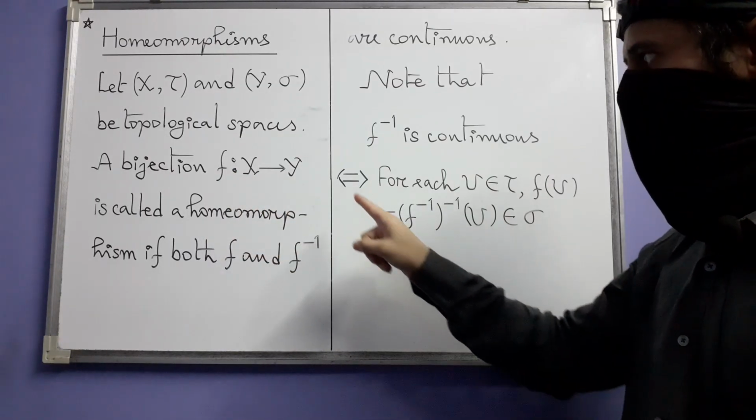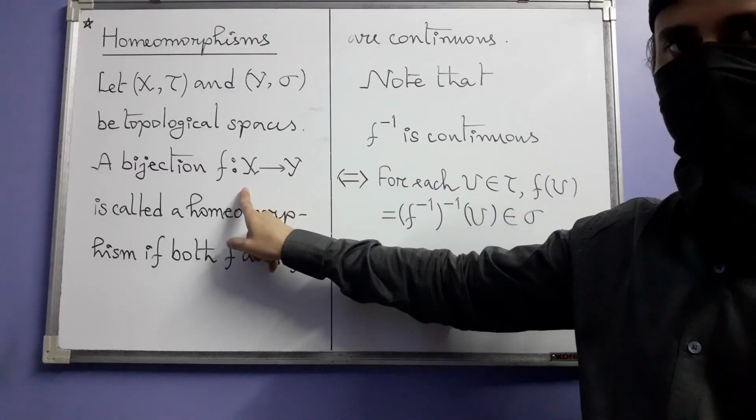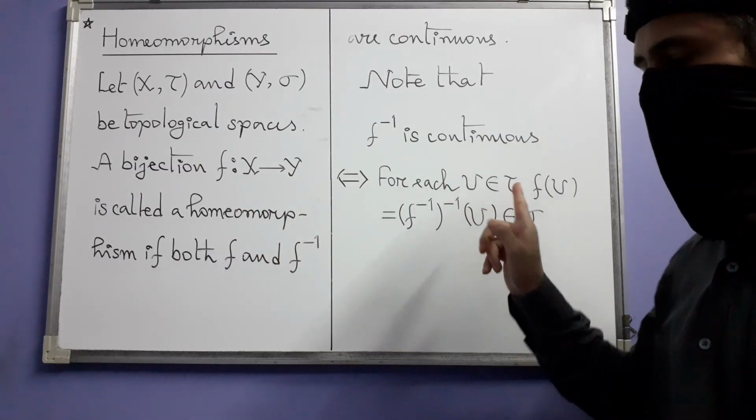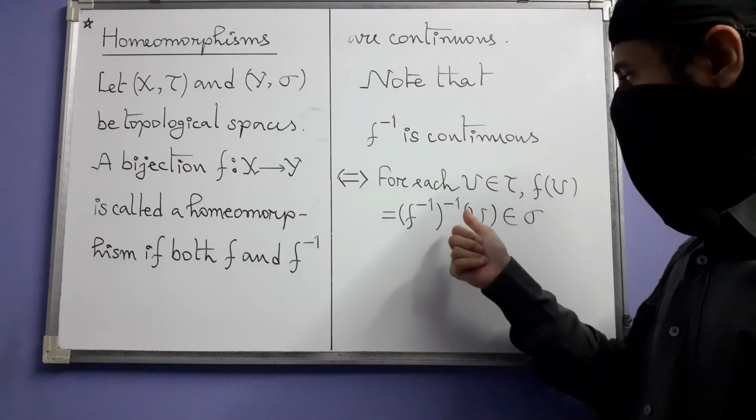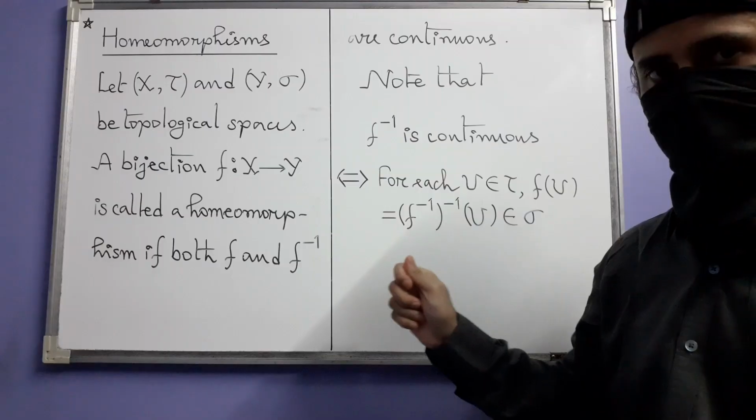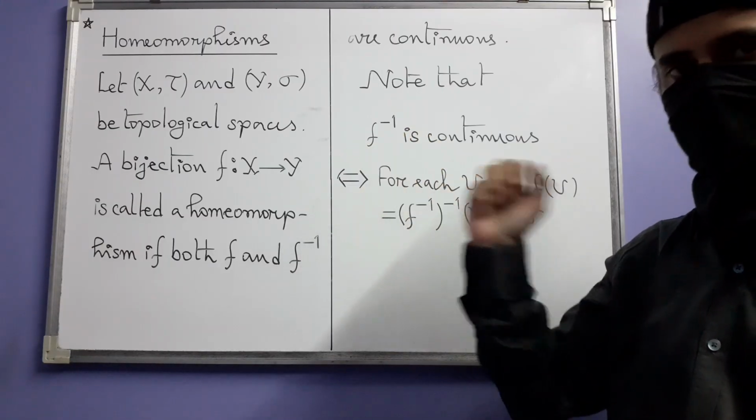So if you take an open set, any open set in X, that means if you take an open set U in the topology tau, then the inverse image of U under f inverse has to belong to the other topology, sigma.